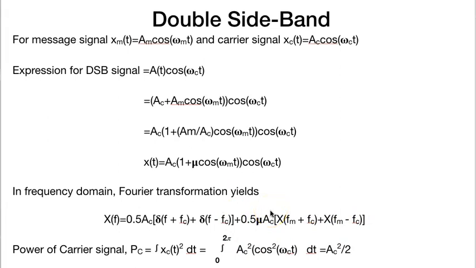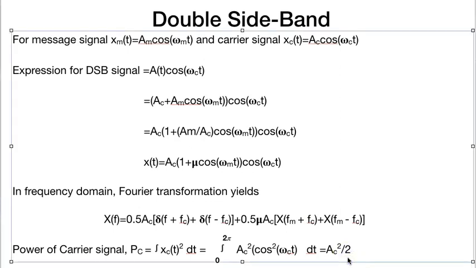To calculate the power PC, we integrate our carrier signal xc(t) over dt, from 0 to 2 pi, AC square cos square omega t dt, and we get AC square by 2. Here I suggest you do the integration yourself.